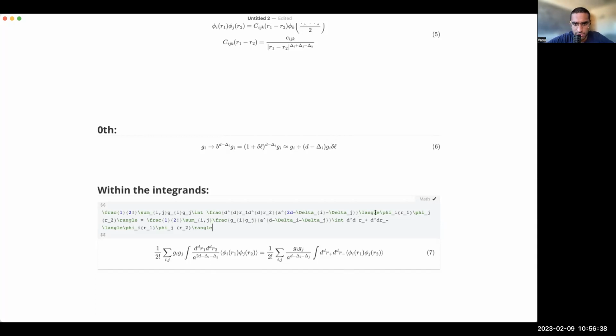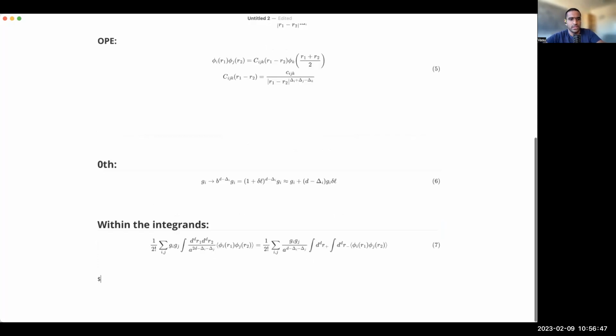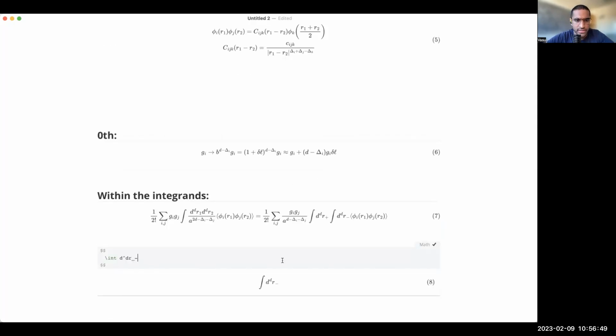So let's make it clear that this is a double integral. And so what Kaidi does is he says, okay, so here, what we really do is notice that there's actually a lower bound to this integral set by our cutoff prescription, which is that r1 minus r2 is greater than a.